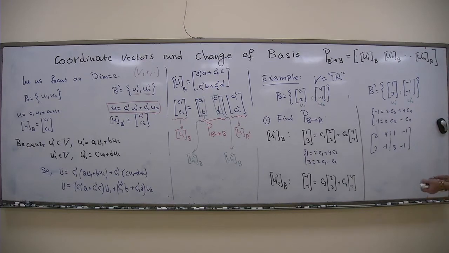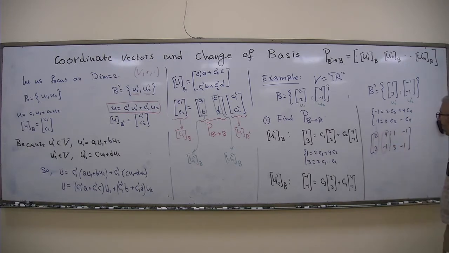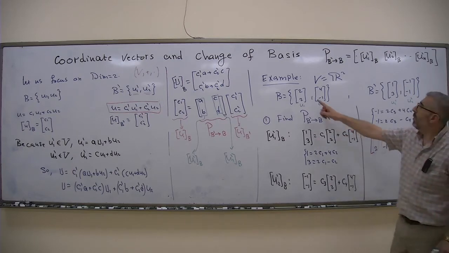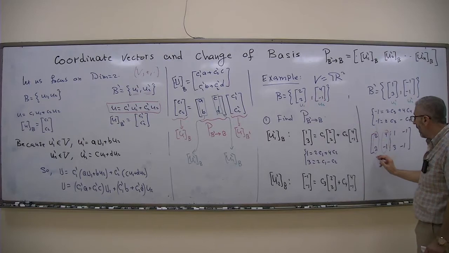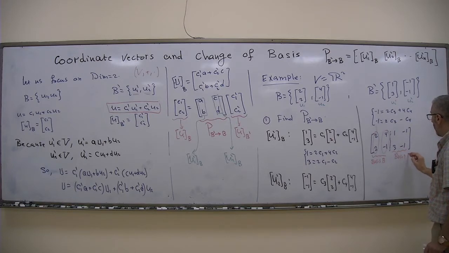Now, before I do that, let's think about what we got now. If you look at this, 2, 2, 4, negative 1, what is that? 2, 2, 4, negative 1. So here, this is basis B. And if you look at 1, 3, negative 1, negative 1, this is basis B prime.